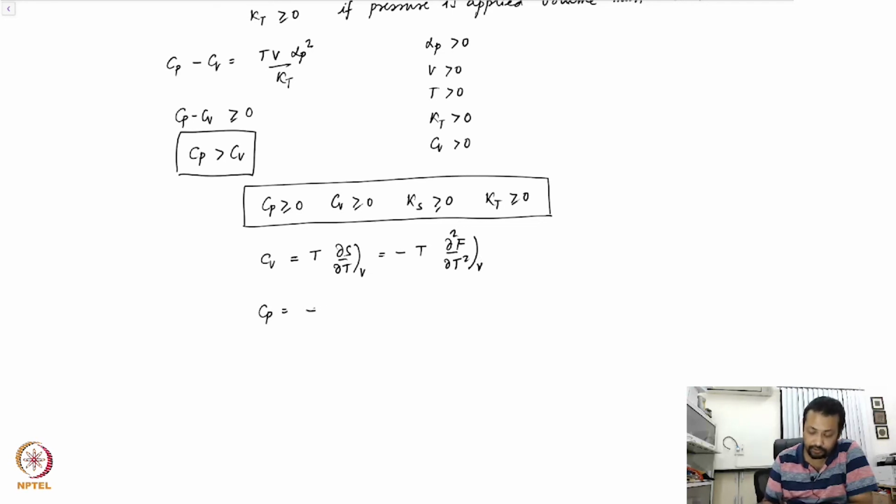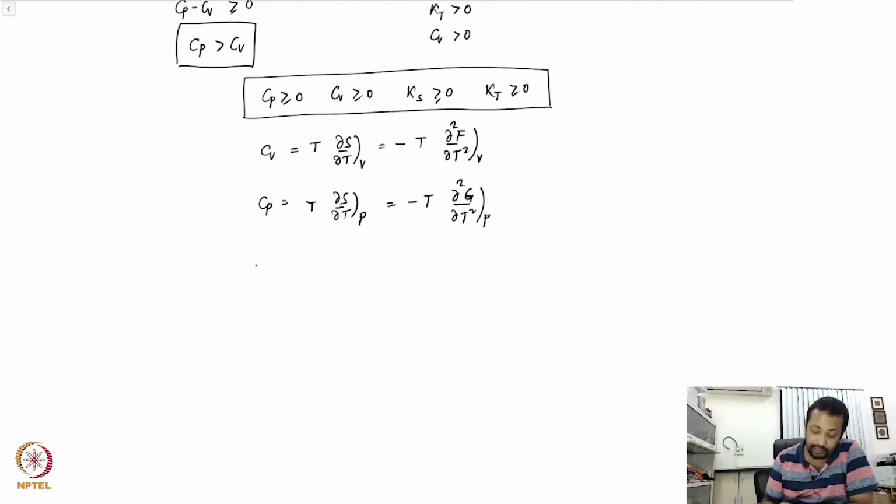Cp, you recall, is T del S del T at constant pressure, which is minus T del 2G del T2 at constant pressure, and kappa T, the isothermal compressibility, is the inverse of V del 2F del V2 at constant temperature.